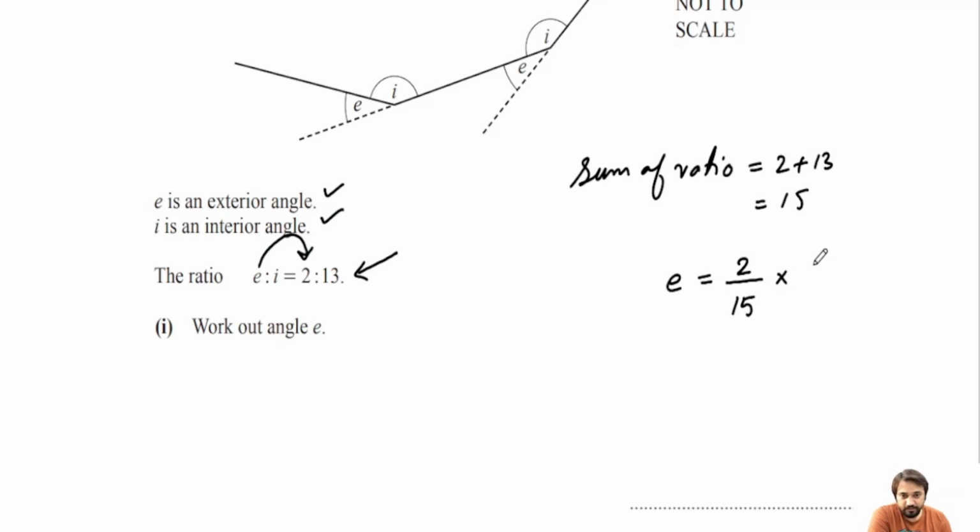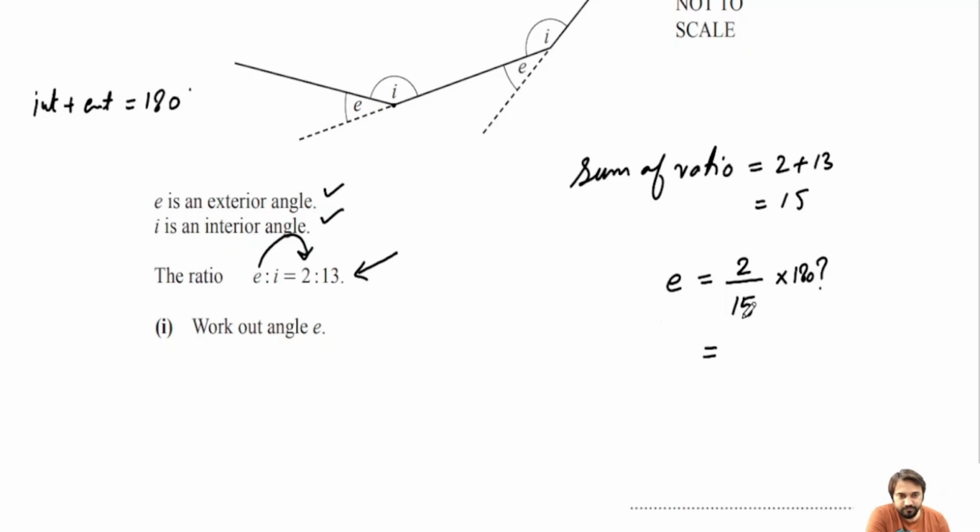Okay, the full angle. So what is the full angle equal to here? We already know that one interior and exterior angle is equal to 180 degrees. This is our information. So using this information, at this point we have one interior and exterior angle, and we want to calculate how many parts this exterior angle has. So multiply by 180 the whole thing.